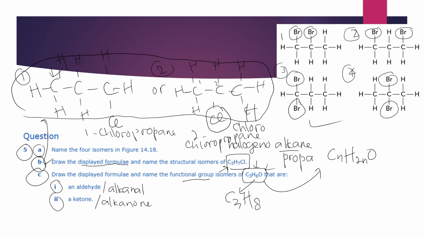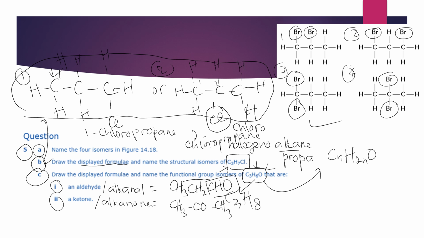So for C3H6O, the alkanal is CH3CH2CHO. This is the functional group of aldehyde or alkanal. For ketone or alkanone, CH3COCH3.